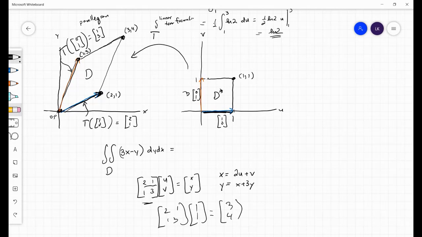So ready for the change of variable. We have 3 times x. Well, we know what to replace x with. It's a direct substitution: you just directly replace the old variables with the new ones. Minus y, and we know exactly what y is in terms of u and v.